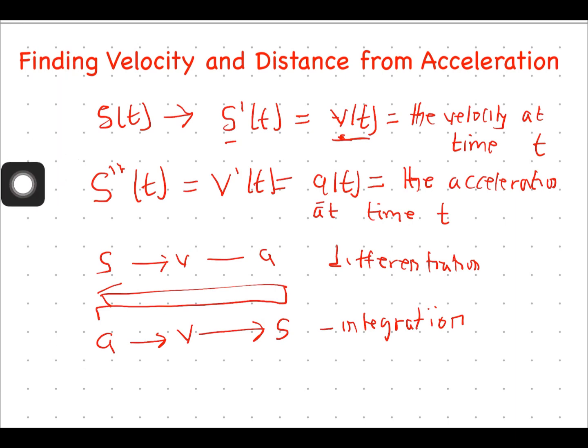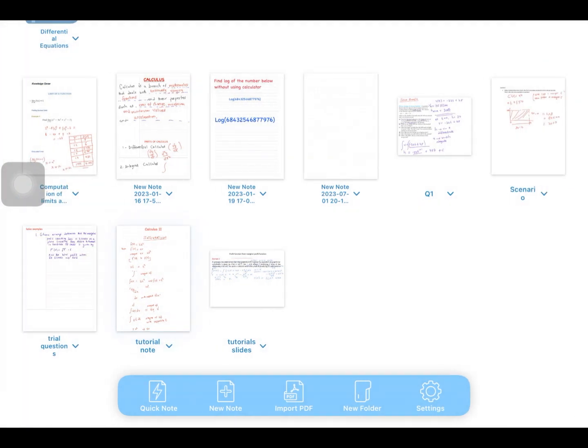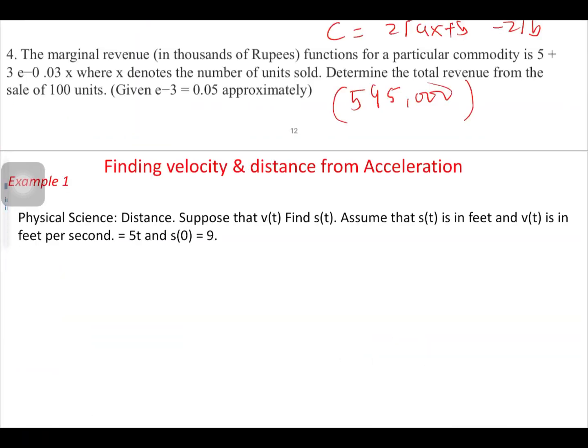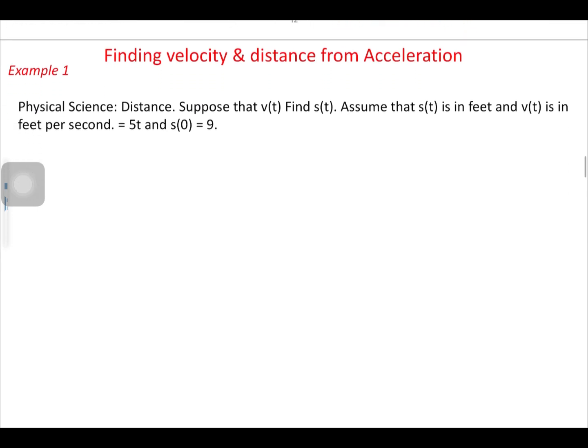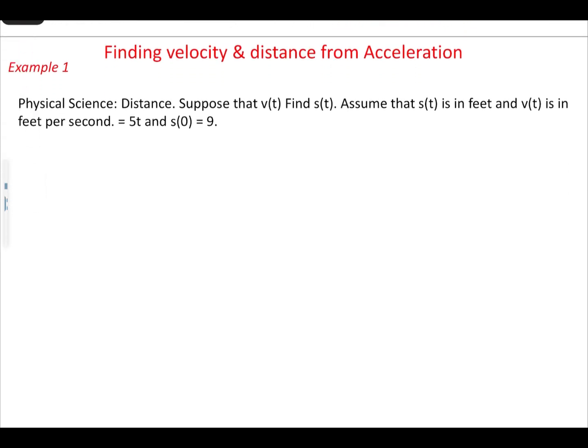Before we go to some examples, let's look at something here. The first example that we want to tackle is about distance. So let's solve this question.